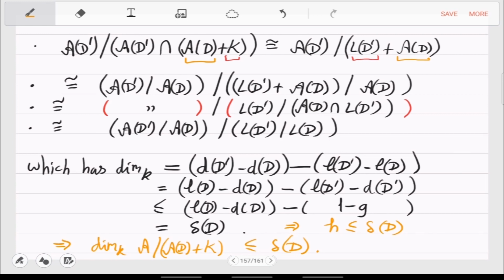So your question was, what happens in the infinite case? In the infinite case, you can go up to delta D plus 1, H will be that, and then you will do this argument, but this argument will actually say that H cannot be delta D plus 1. You will get a contradiction. So H has to be finite, and then this also tells you that H has to be delta D or less.